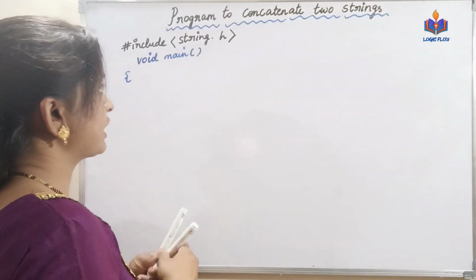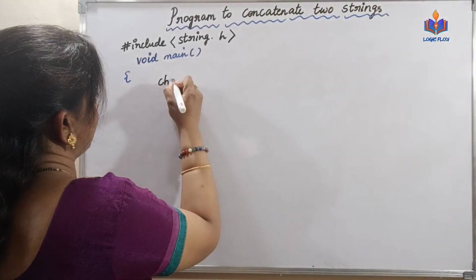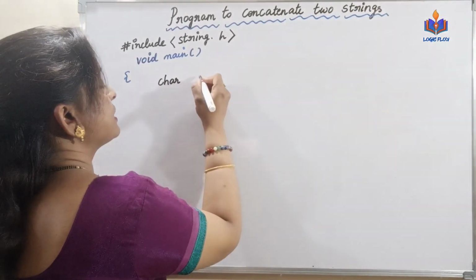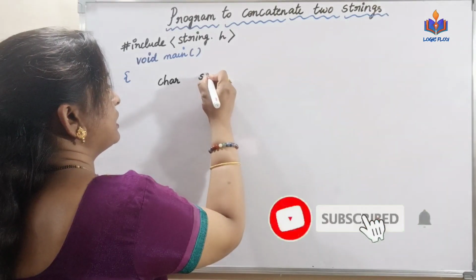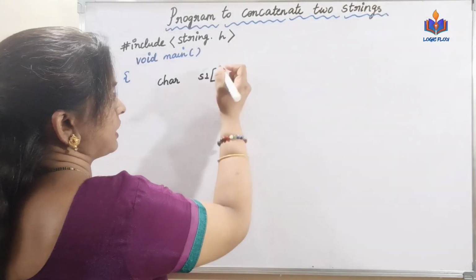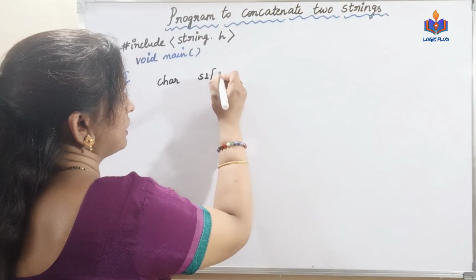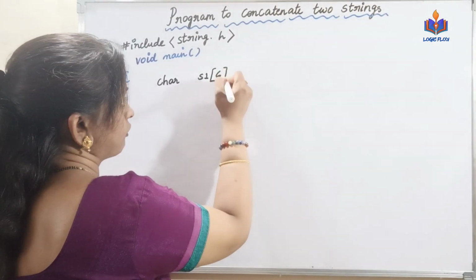So we will initialize two strings. We require two strings, right? So let me have two character arrays. Character S1. Let me give the actual size. I'll say LOGIC. Totally I say 6, including the null character. I have to give space, right?